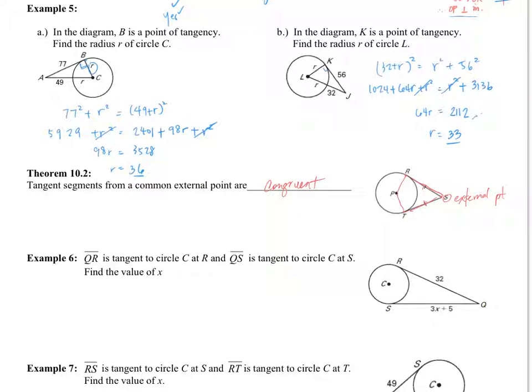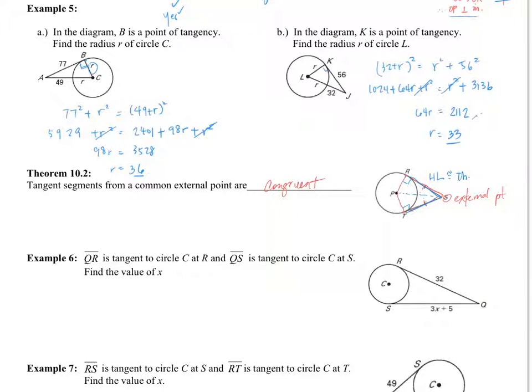How do we prove this? By forming these two right triangles and using the HL congruence theorem to prove that these two triangles are congruent, and by CPCTC, RS and TS are congruent.